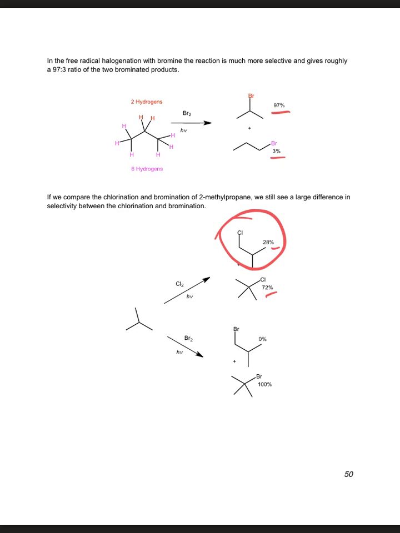So that's almost a third of it is stuff we wouldn't want in this reaction. Whereas if we brominate it, 100% of the product we want is the one where the bromine goes to the tertiary carbon. So bromine is much more selective than the chlorine. So if we have the choice, we will go with the bromination over the chlorination.